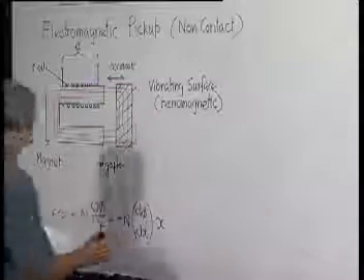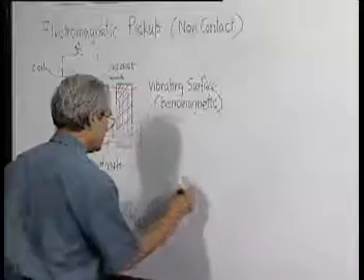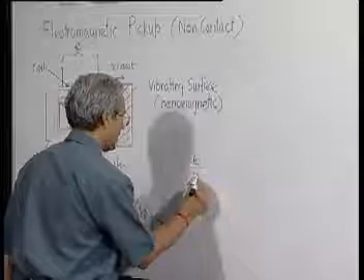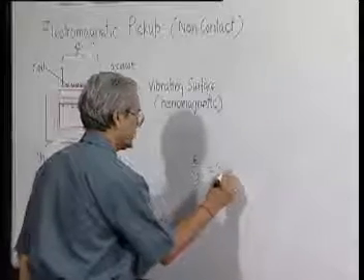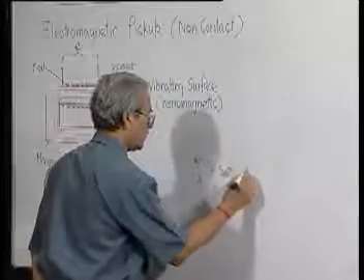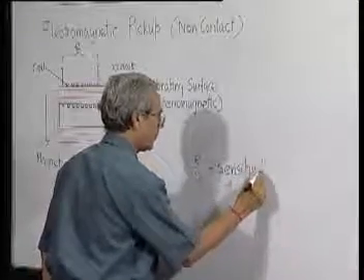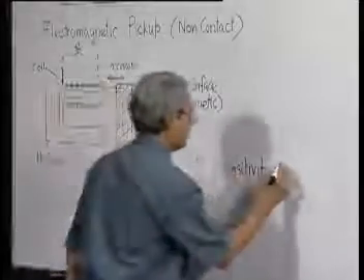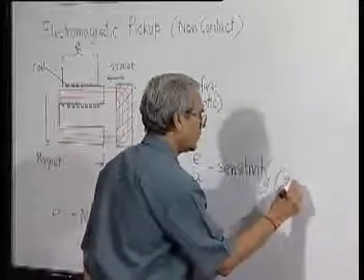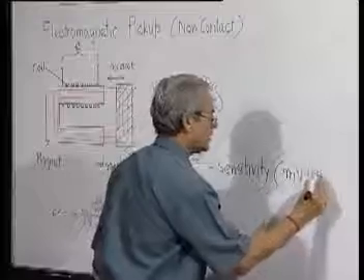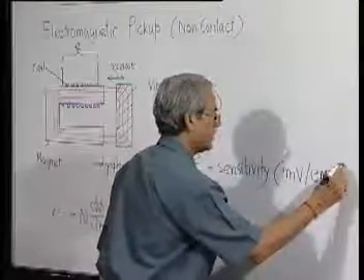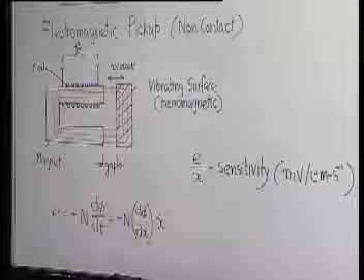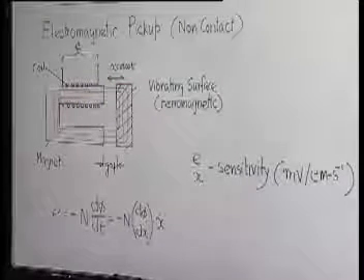The voltage divided by the velocity is called the sensitivity, and we may use a unit like millivolt per centimeter per second, where centimeter per second is the velocity and voltage is in millivolt.